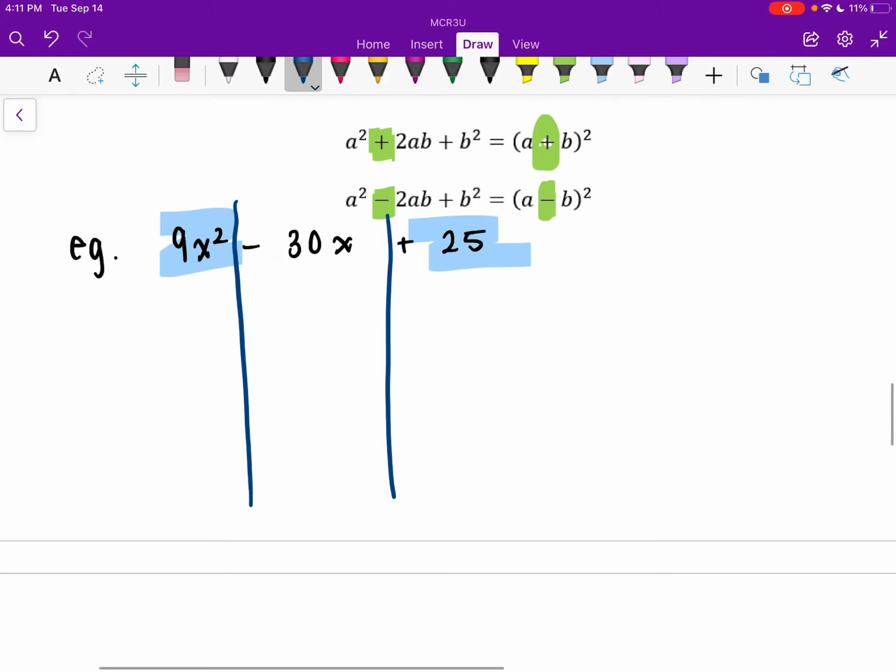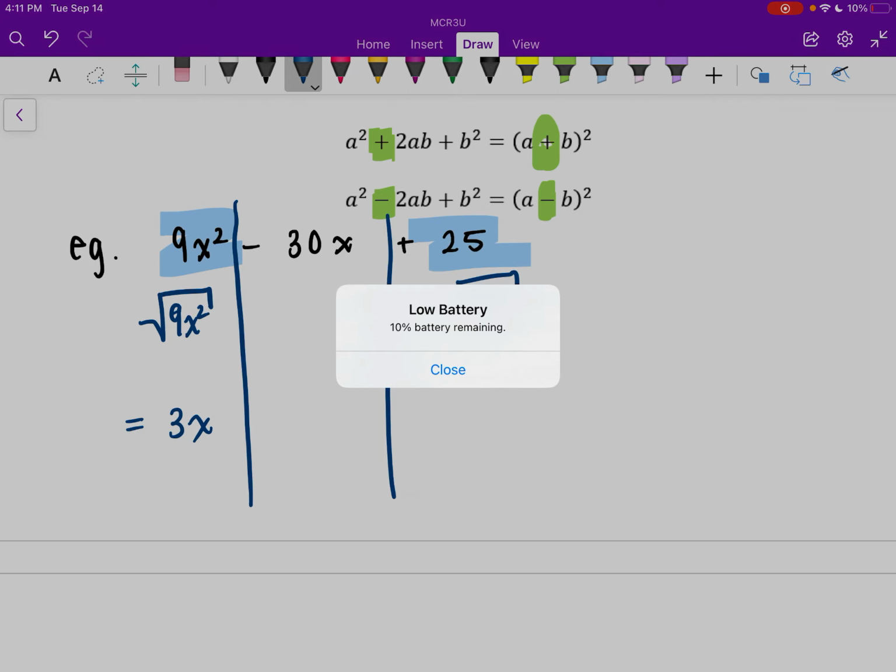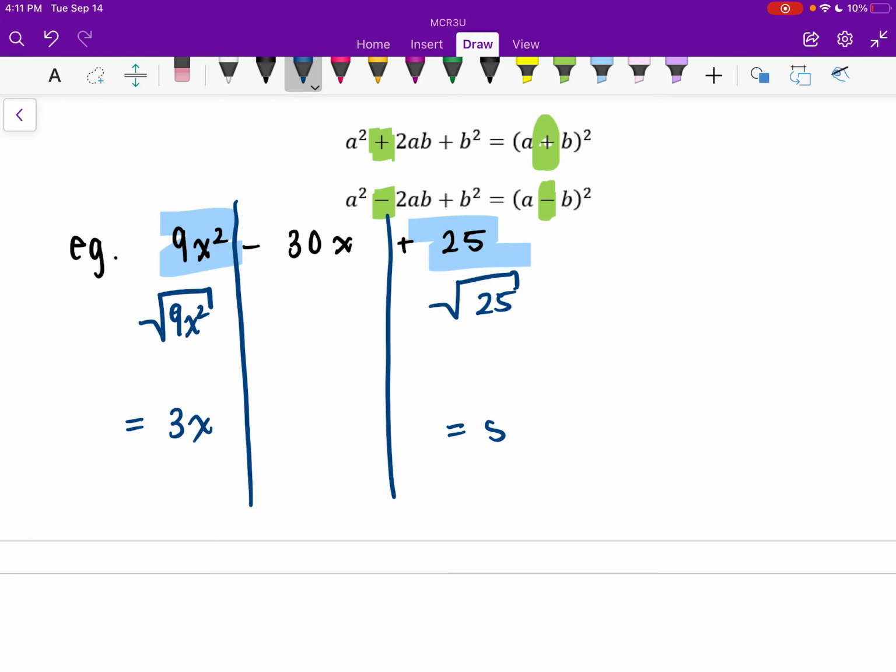Let's go here and ask, what is the square root of 9x squared? That's going to give me 3x, right? What's the square root of 25? What's b? That's going to be 5. Battery's running out here. Then I take the two terms and I say, okay, what's 2 times 3x times 5?